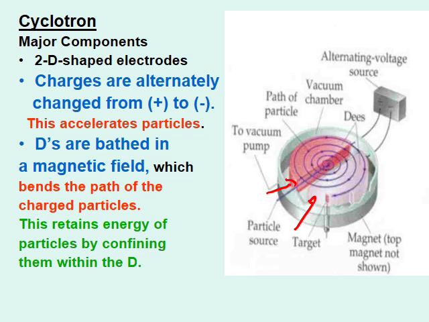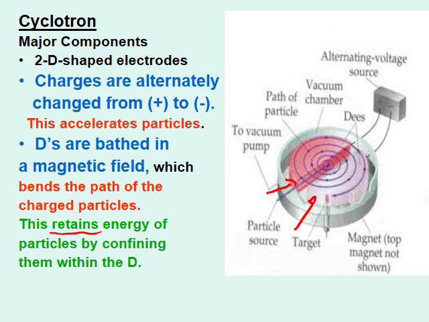But since it moves in a circular path, it doesn't strike the sides of the D-shaped electrode and doesn't lose energy. So whenever it gets energized up to a certain level of energy, these particles are taken out and they're used in inducing nuclear reaction, which we call nuclear transmutation.